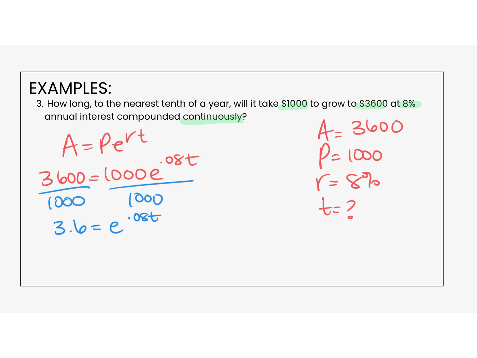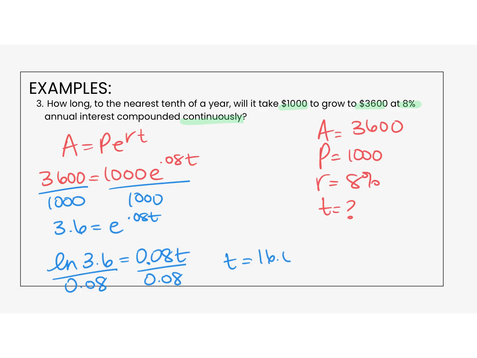When I have log base e, that's natural log of 3.6 equals 0.08 t. Natural log of 3.6 is 1.28. And then I'm going to divide by 0.08. So I should get t equals, to the nearest tenth of a year, 16.0. So 16 years.